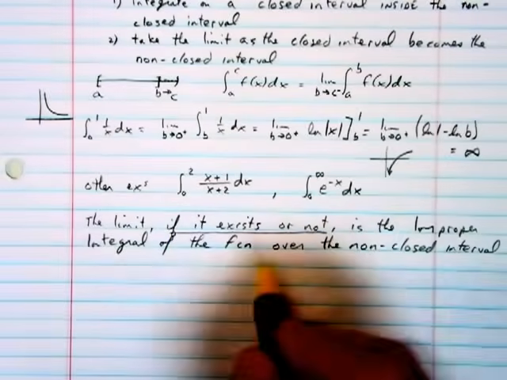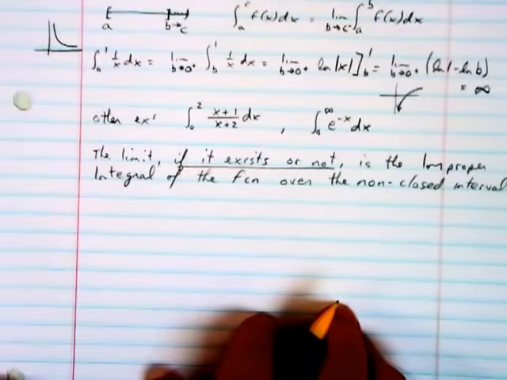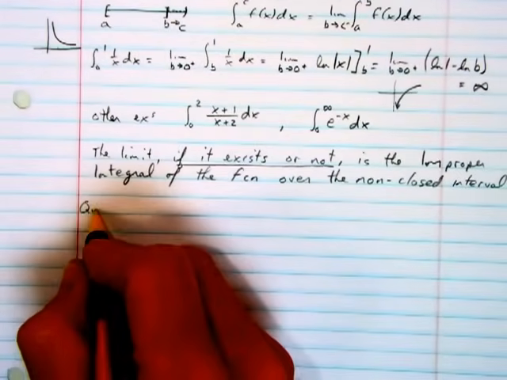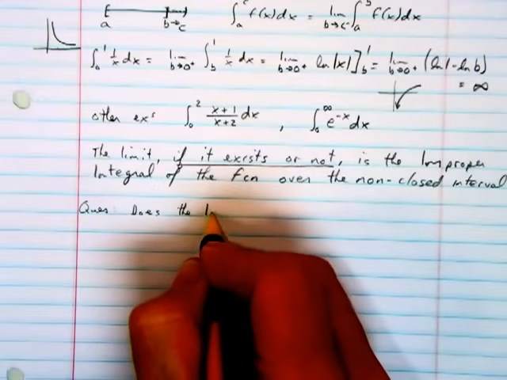So, regardless if it exists or not, whatever we get from that limit is what that improper integral is going to be. So some questions to ask about this. Does the limit exist?